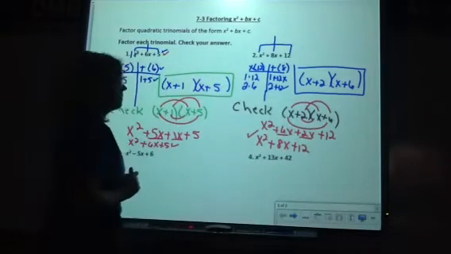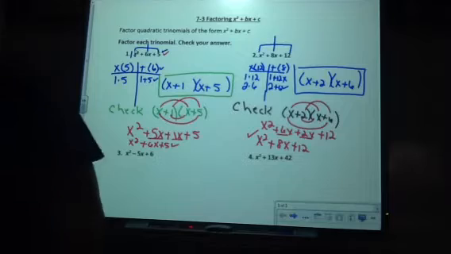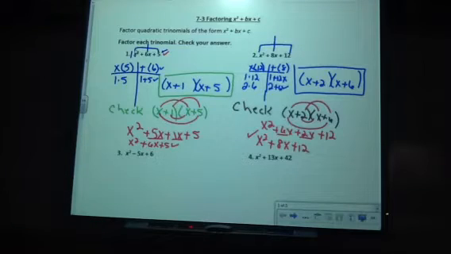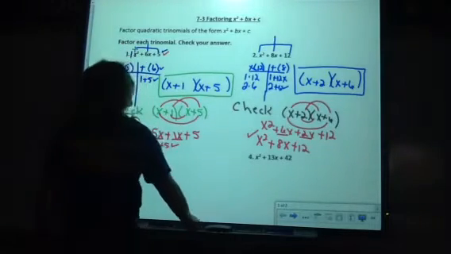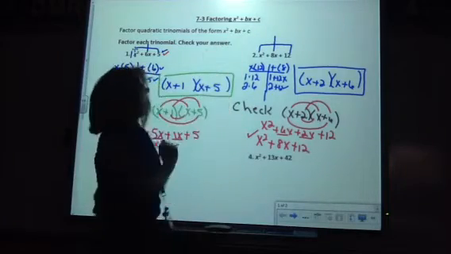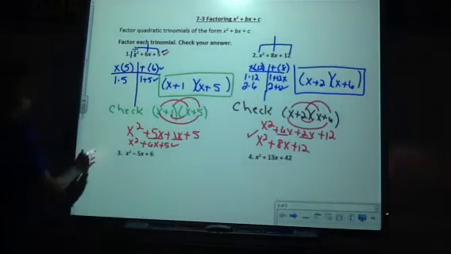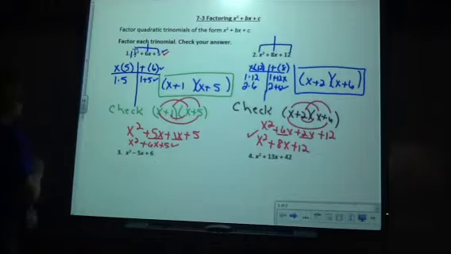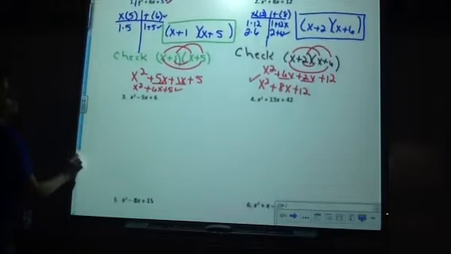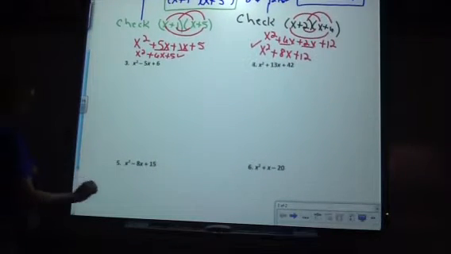Check. So again, you would use this method if you cannot factor out something common.